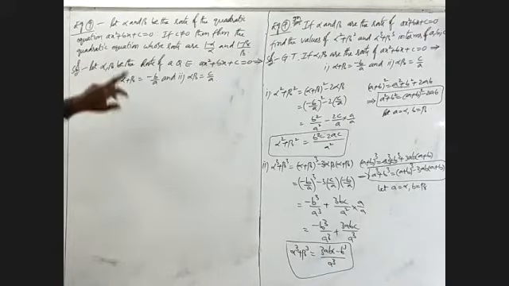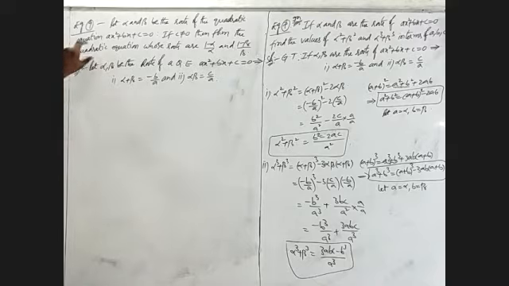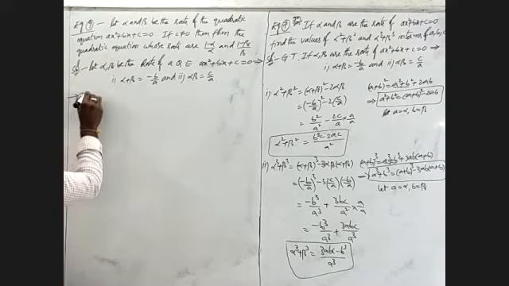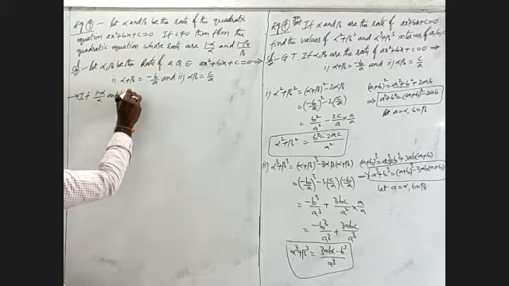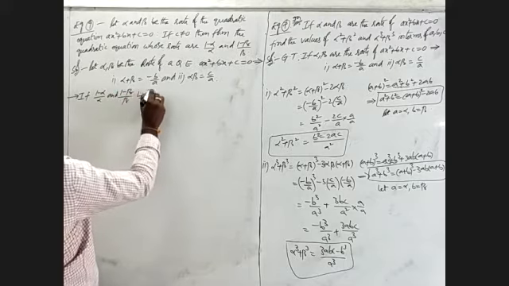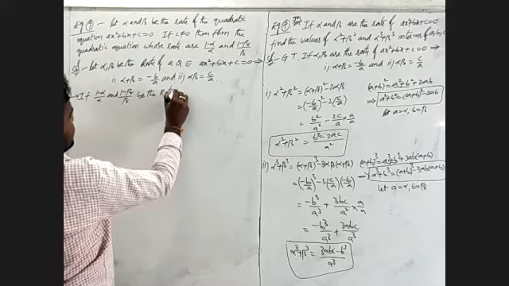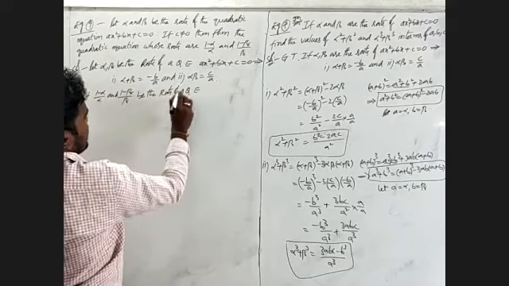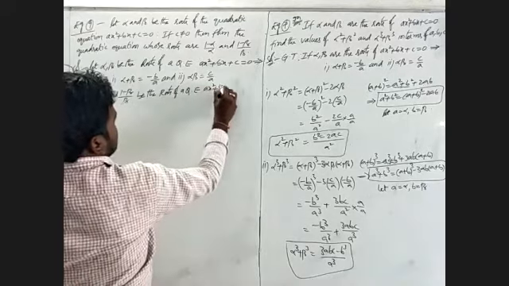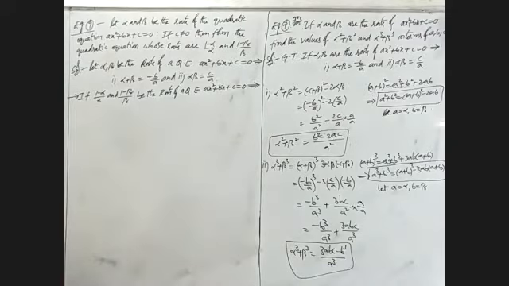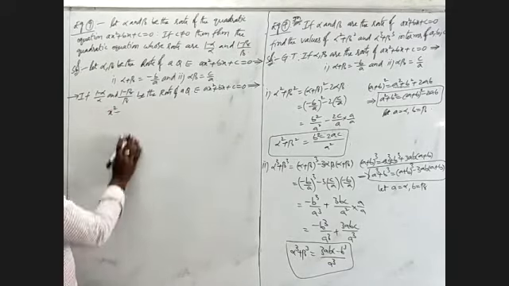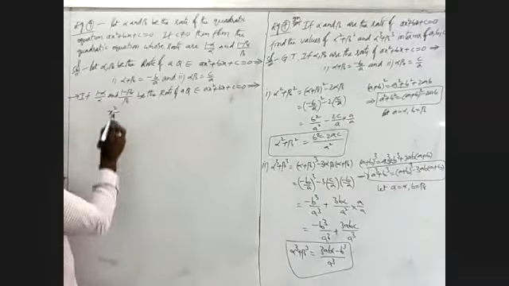But in this problem, we are asked to find a quadratic equation whose roots are 1 minus alpha by alpha and 1 minus beta by beta. If 1 minus alpha by alpha and 1 minus beta by beta are the roots of a quadratic equation, then what I have to write? Actually the formula is x square minus (alpha plus beta) into x plus alpha beta is equal to 0.